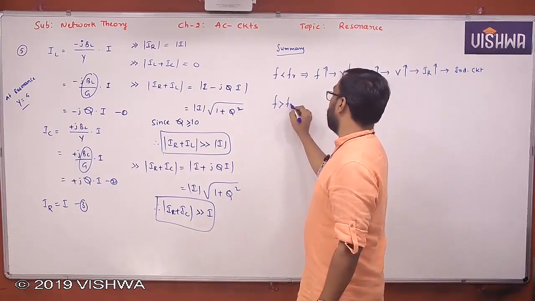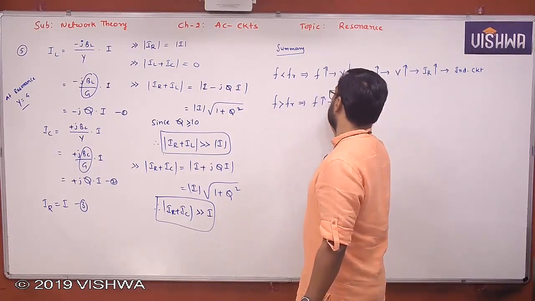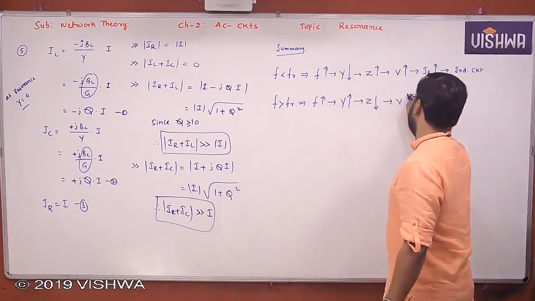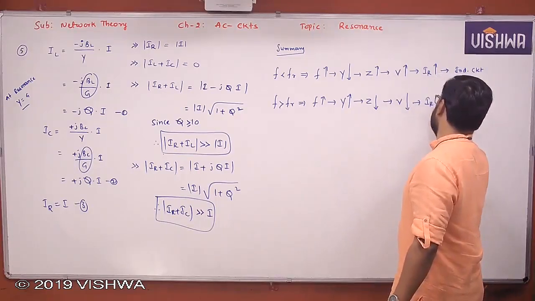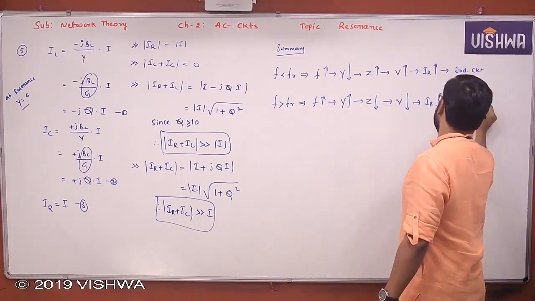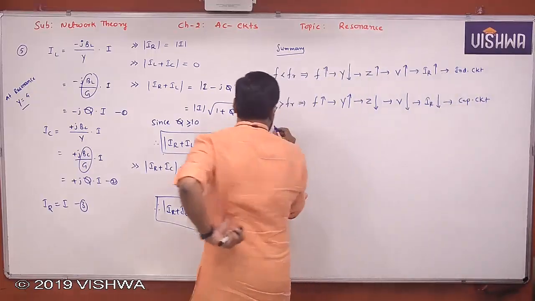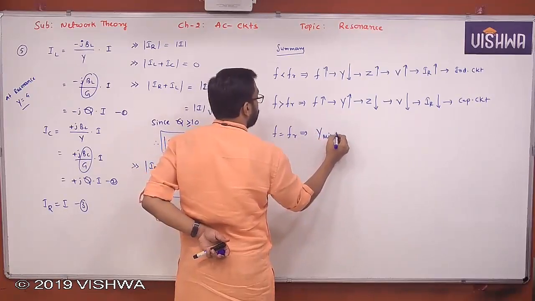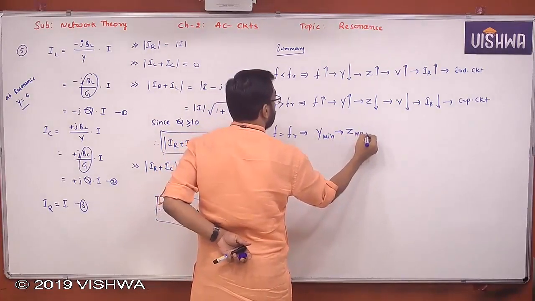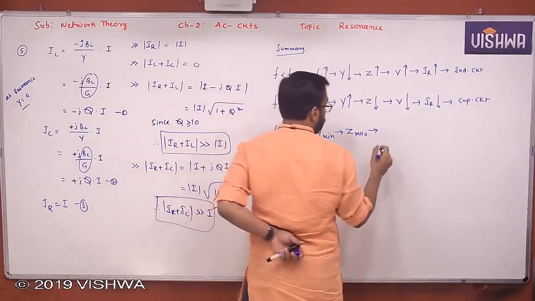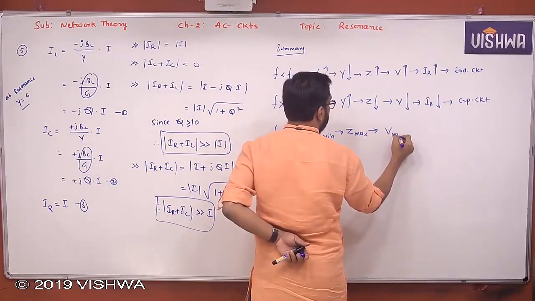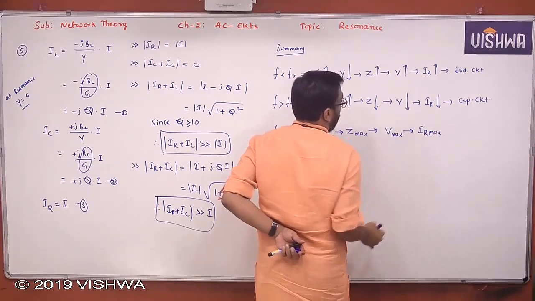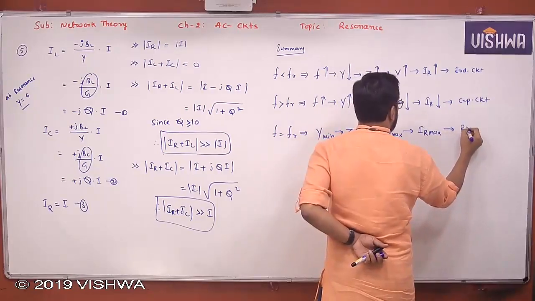For all f greater than fr, as f increases, Y increases, Z decreases, V decreases, IR decreases: capacitive circuit. F is equal to fr: Y minimum, Z maximum, V maximum, IR is maximum: resistive circuit.